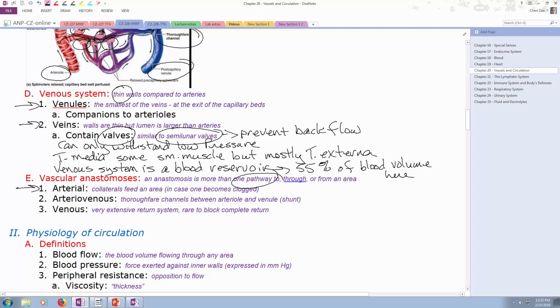We call those additional branches collaterals, but the collaterals typically have names. This is very important because if one became clogged, you don't want to actually have then death of things downstream. The other blood vessel will take care of that.